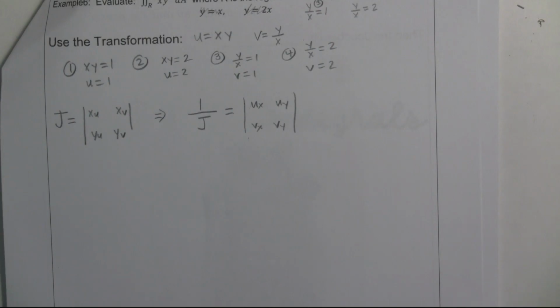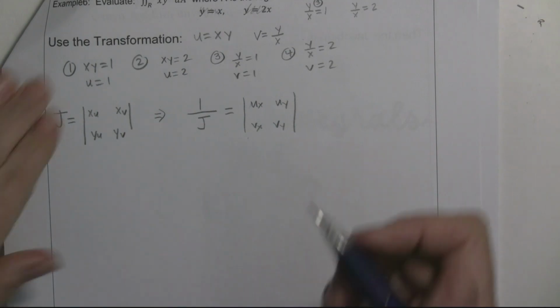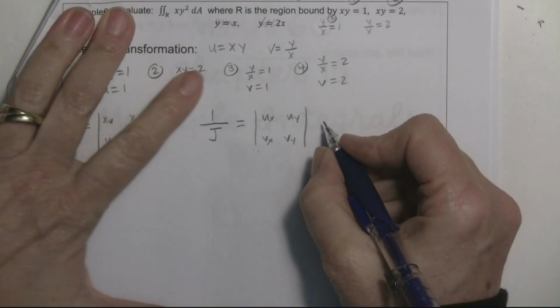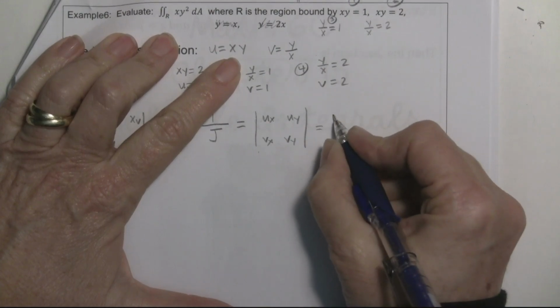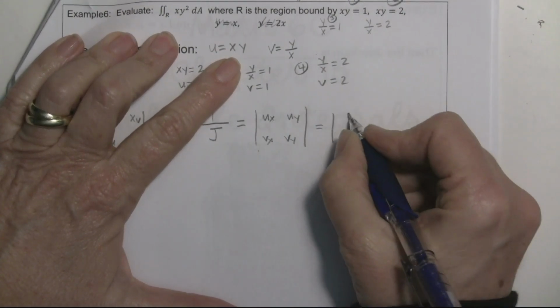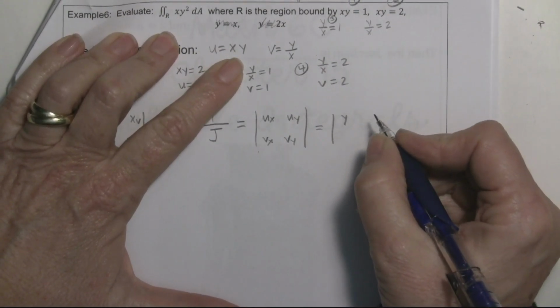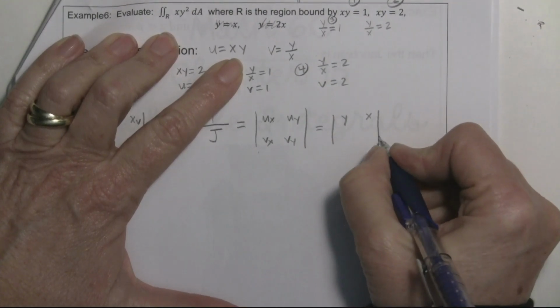So when you do your substitution, you can do it either way. When I do that with respect to x, that would give me y, and with respect to y, that would give me x.